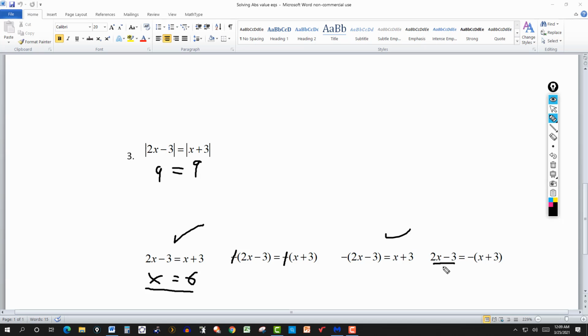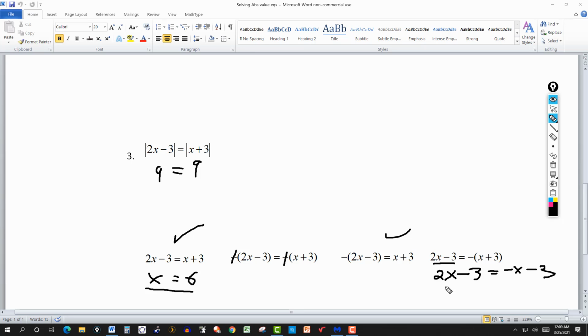Again, here I can take either one. It's the same equation. So let's take this one here and say, okay, we got 2x minus 3 is equal to, multiplying by minus 1 there, that becomes a minus x and a minus 3. And then we solve.